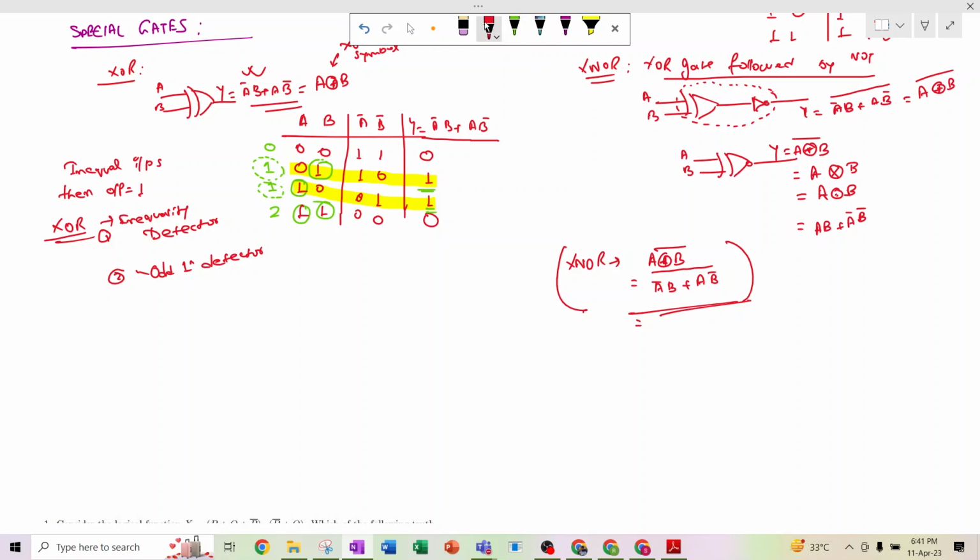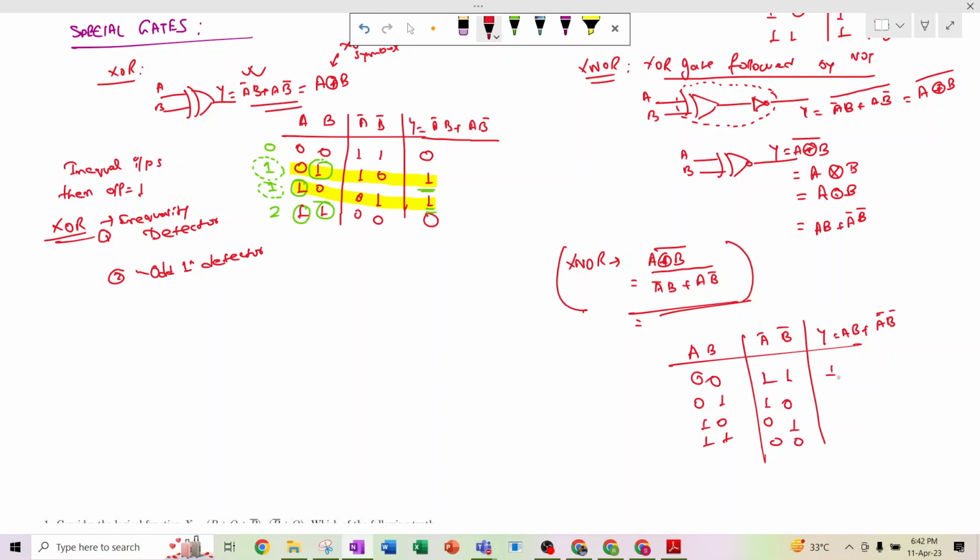Now I have to discuss the truth table of the XNOR gate. So this is A B, and similarly A bar B bar, and now Y equals AB plus A bar B bar. It will be 0 0, 0 1, 1 0, 1 1, so it will be 1 1 0 0, 1 0 1 0. And here it will be 1, 0, 0, 1.